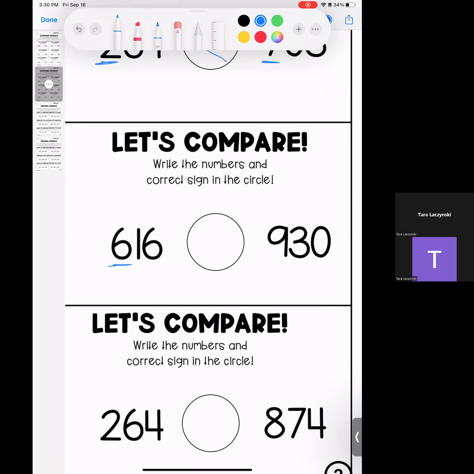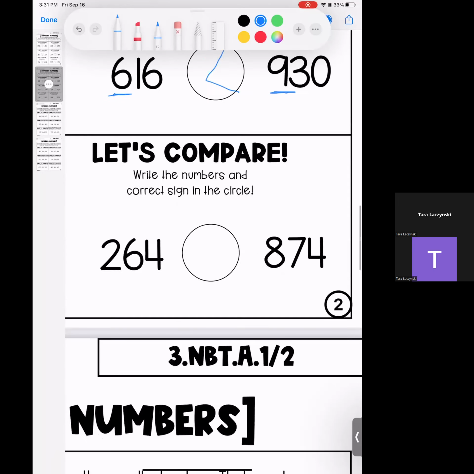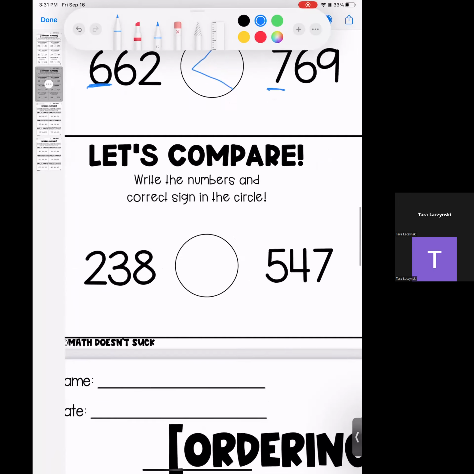Comparing 616 and 930. 900 is greater than 600, so 616 is less than 930. Last two for this page.